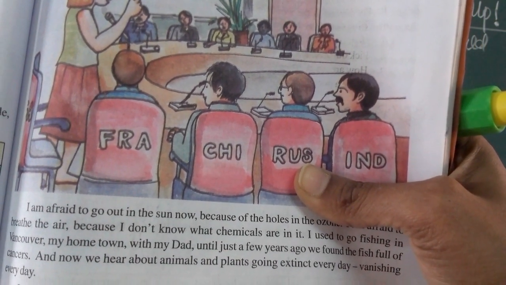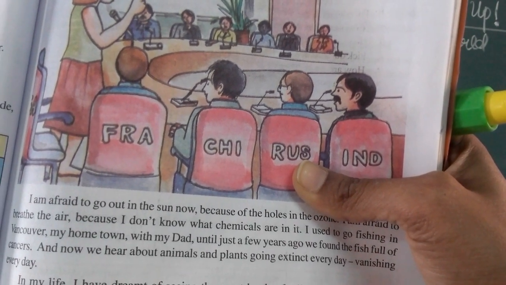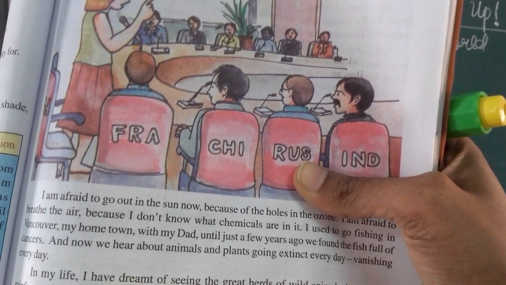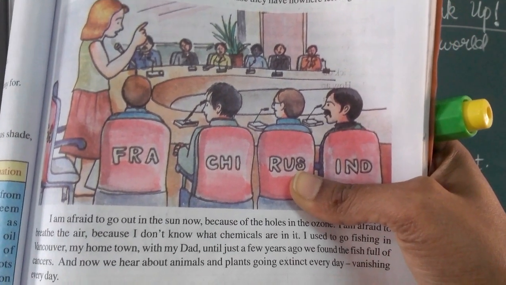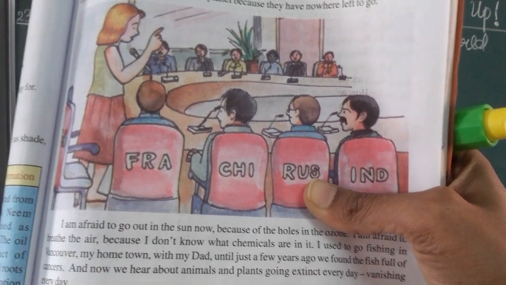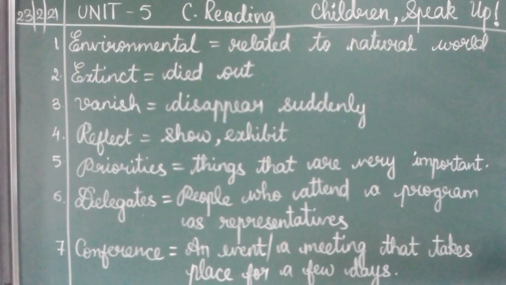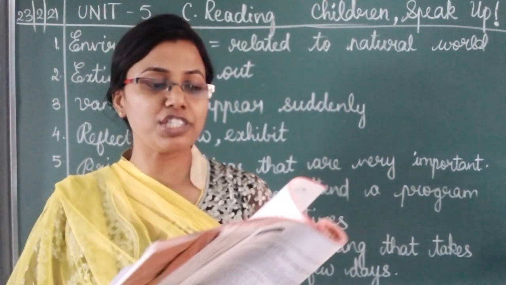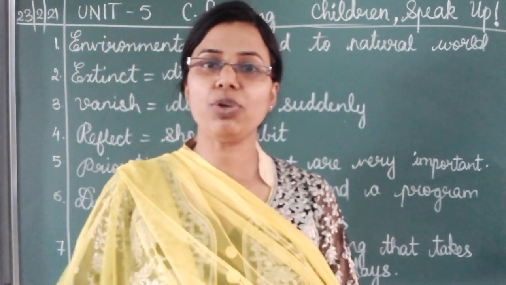CHI means someone who has come from China. RUS is from Russia. IND is from India. So each person has come from a different place. Okay. So all these people together are conducting this meeting and they are speaking to each other.